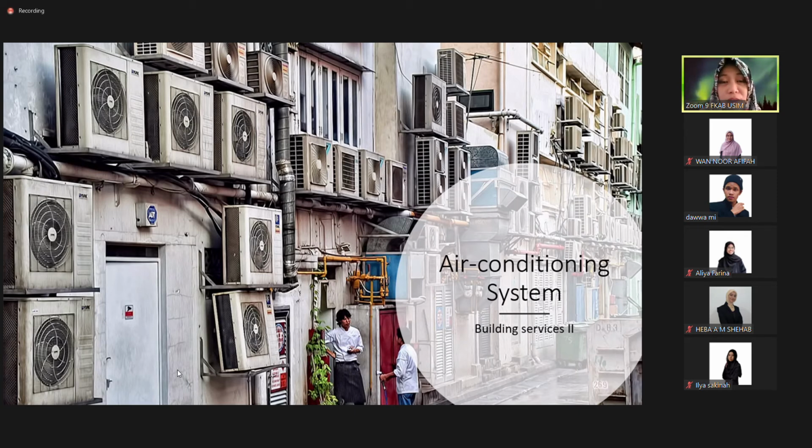Ni bukan aircon, ni adalah compressor dia. Compressor unit, apa yang you nampak sekarang. Kalau you cakap aircon, aircon kena dalam bangunan. Aircon need to be inside the building. Now, at the back of the building. Partly. Yeah. Ni adalah komponen dia. It's a compressor. Jangan you tengok yang ni adalah aircon. This is not. So ni adalah compressor dia. Okay.